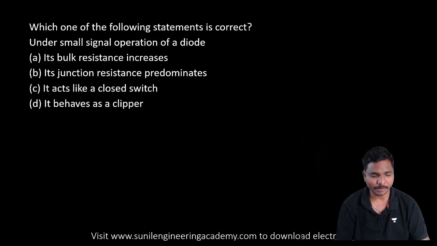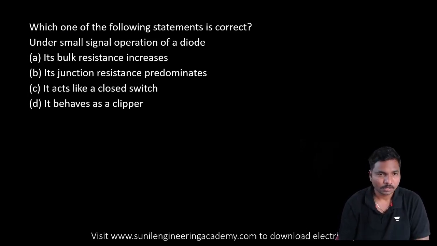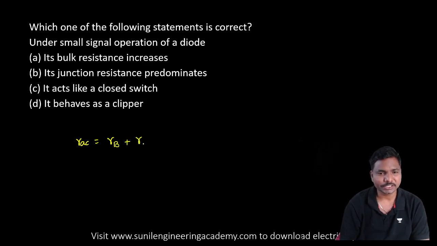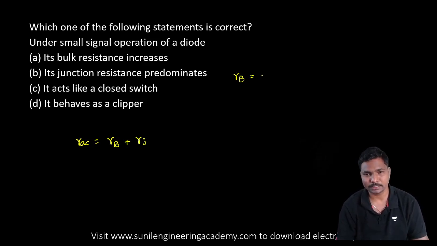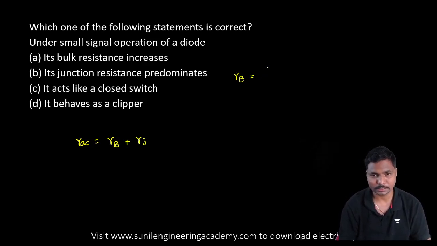Which of the following statements is correct under small signal operation? First of all, consider that AC resistance is equal to the sum of bulk resistance plus junction resistance. The bulk resistance is nothing but the forward voltage minus Vk by the forward current, and the junction resistance is a fixed voltage value divided by the forward current in milliamps.